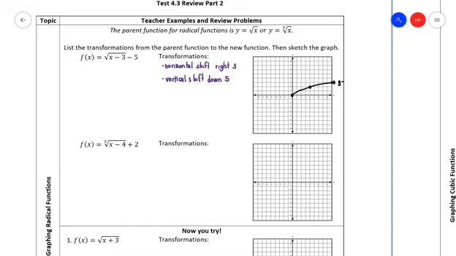So it's y equals the square root of x. And then I'm going to graph the new function f of x equals the square root of x minus 3 minus 5 by taking these 3 points and moving them to the right 3 and then down 5.